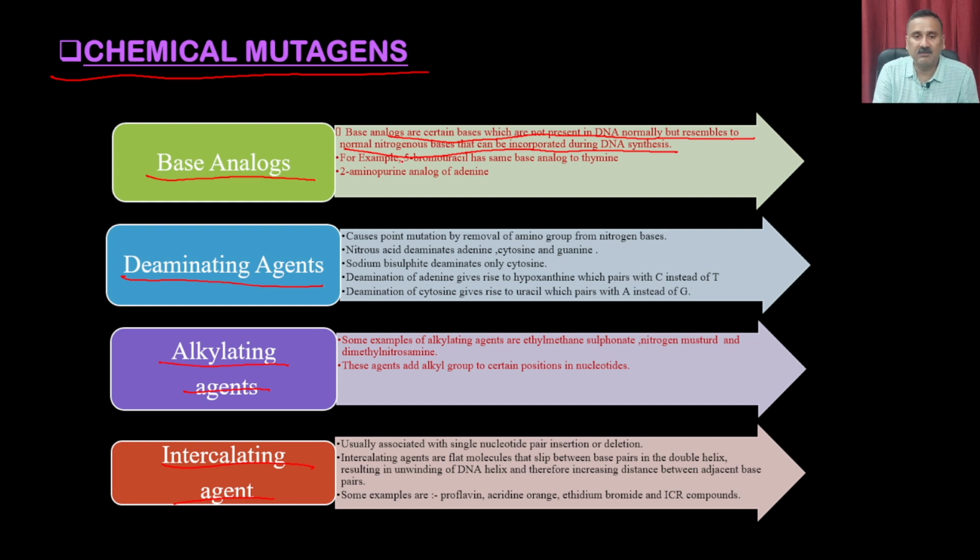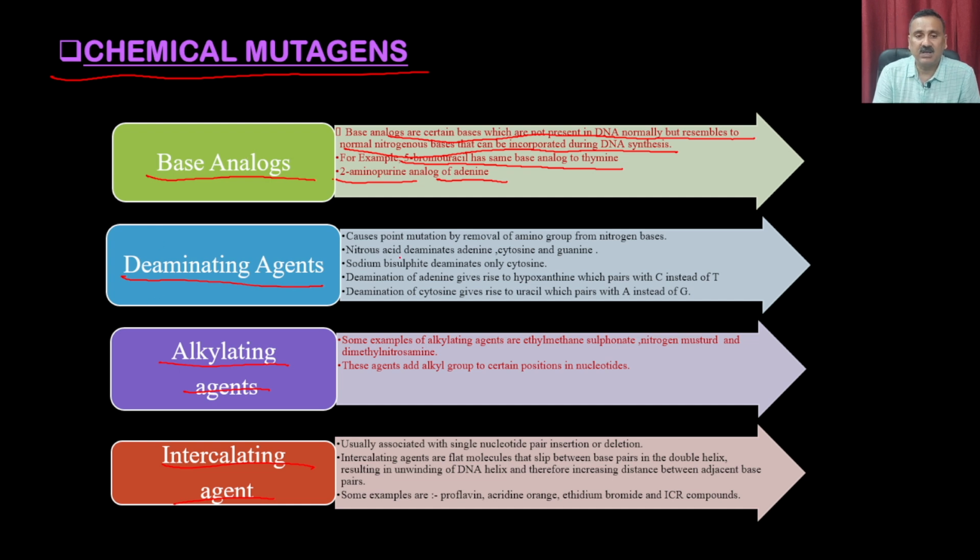For example, 5-bromouracil, which is an analogue of thymine, and 2-aminopurine, which is an analogue of adenine. These base analogues induce mutations because they mimic the natural bases, but they are not natural, and they get incorporated into the DNA during DNA synthesis.